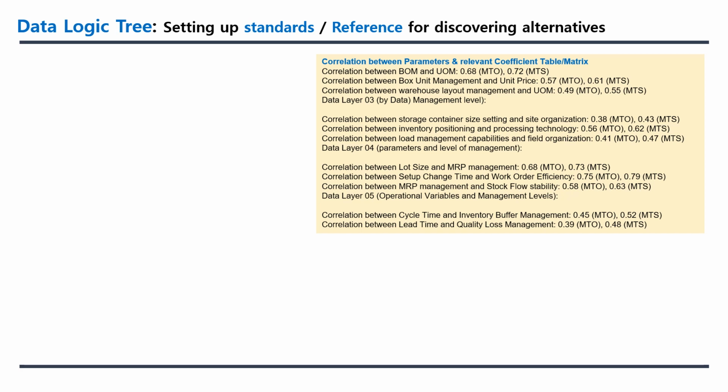So we can utilize the information like a correlationship between those parameters, and there should be relevant coefficient numbers. So each parameter already mentioned, like lot sizing and setup change time, stock flow, and cycle time, all those and lead time are interrelated.